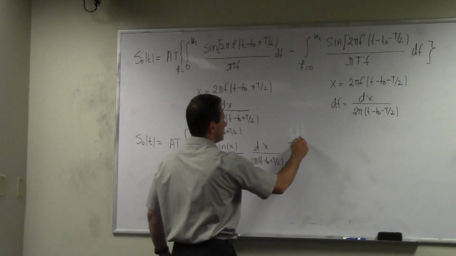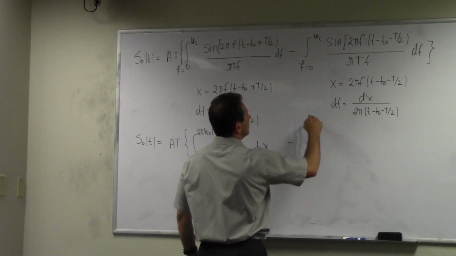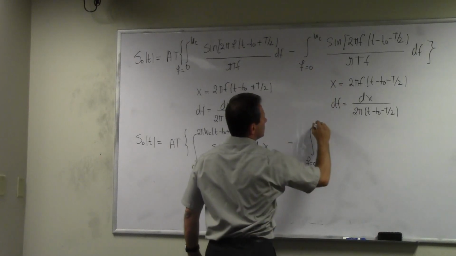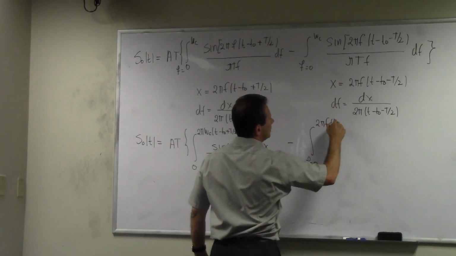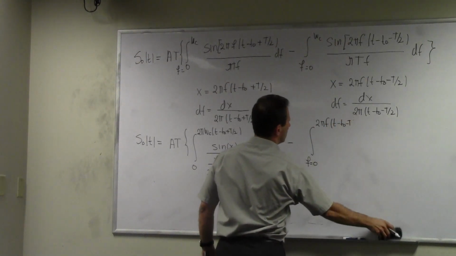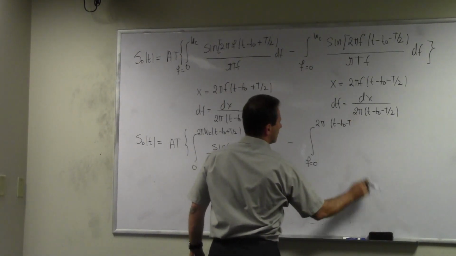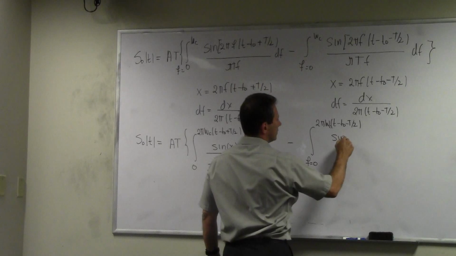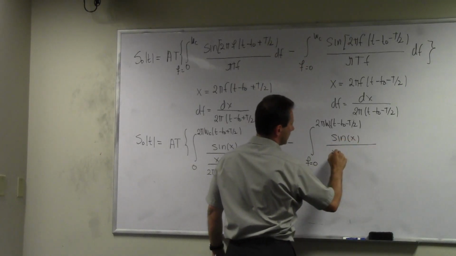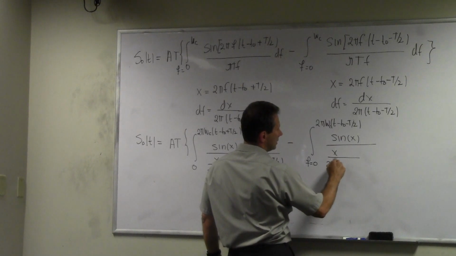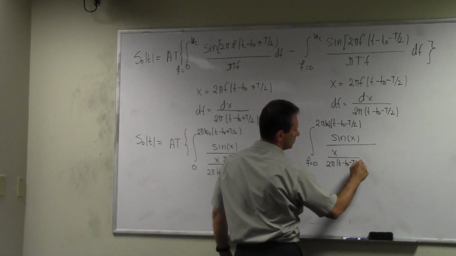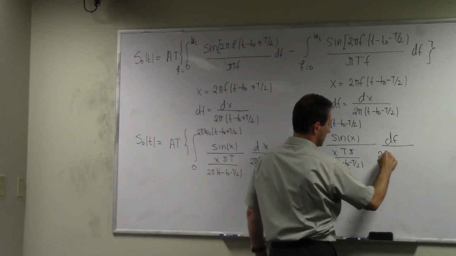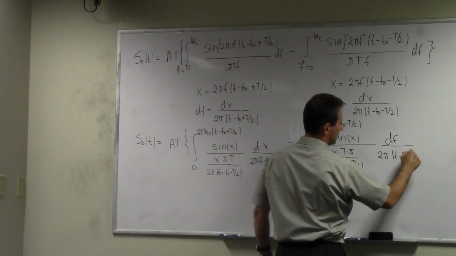And then here I have minus the integral when f goes from 0 to Wc; this becomes 2 pi Wc (t minus t0 minus T over 2), and then sine of x divided by x over 2 pi (t minus t0 minus T over 2) times T pi, df over 2 pi (t minus t0 minus T over 2).